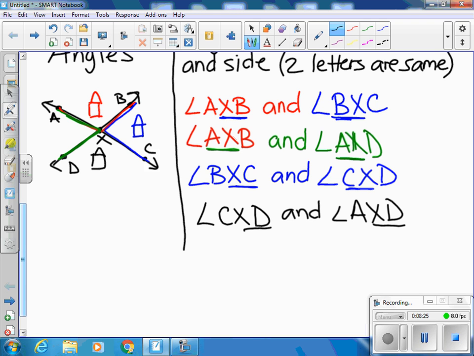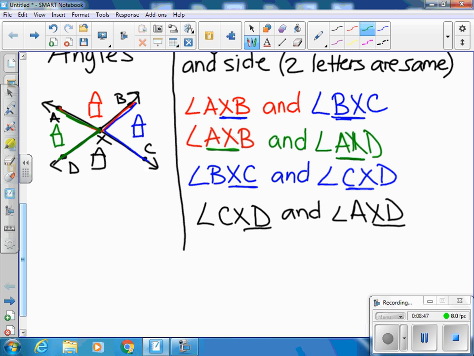Now, if you try to put your house over here on the green side and name your neighbors, AXD, you've already named the neighbor AXB. You have that one right here, the second one on our list. And if you go to the right-hand side where the black house is, that next door neighbor, you just named that one there. So you have already named every set of adjacent angles in this picture.